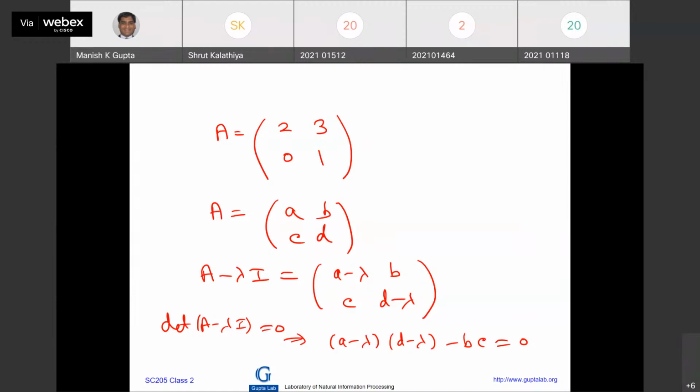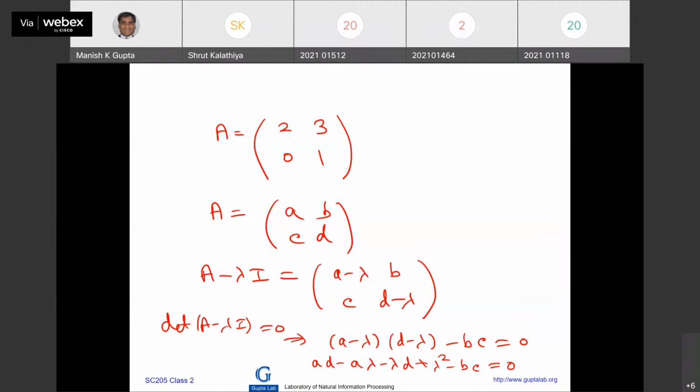So you can see that we have AD minus A lambda minus lambda D plus lambda square minus BC is equal to 0.